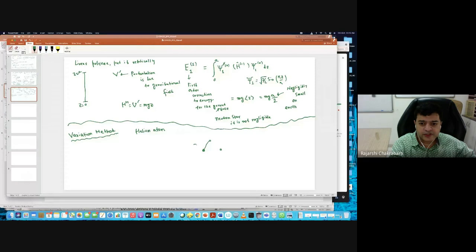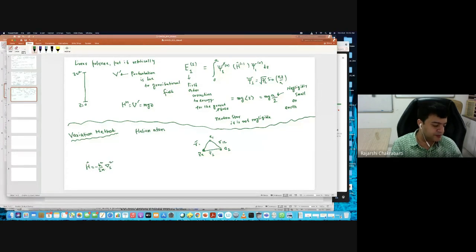This distance is R1, this is R2, this is R12. Electron 1, electron 2, and this is your nucleus which has charge Z times e. Then what is the Hamiltonian? Of course, minus h-bar squared by twice m, where m is the mass of the electron.